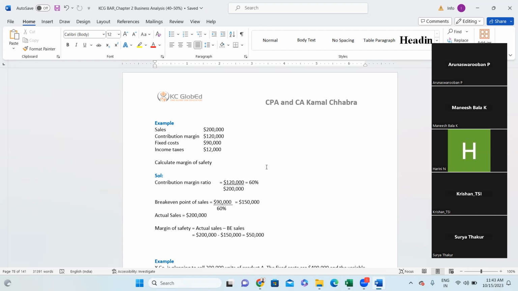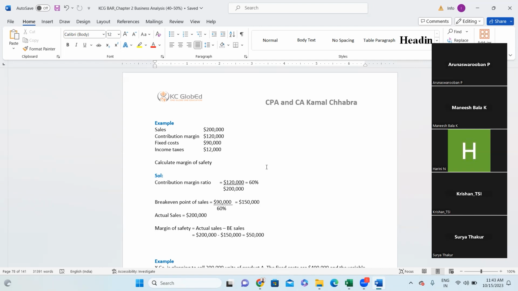First is the contribution margin ratio, that is your contribution margin divided by sales. That is 60%. So what should the break even point be? 90,000 is your fixed cost divided by 60%, that is $150,000 of sales that will help you reach the break even point.